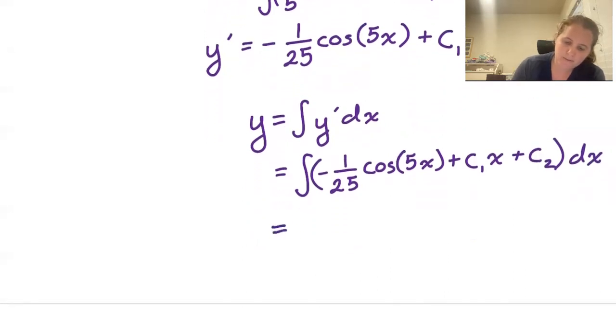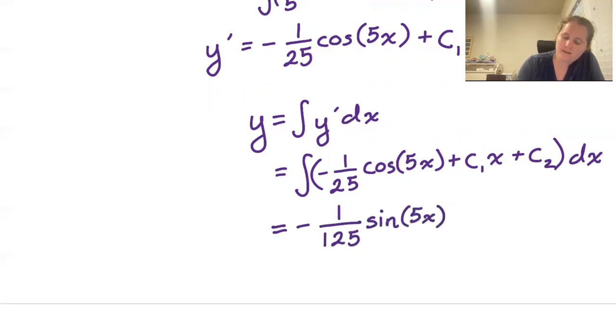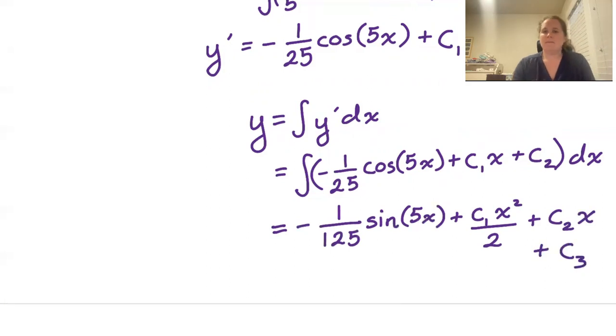So this becomes integral of cosine is sine. So we will again have our dividing by 5 from our u substitution. So we have negative 1/125 sine of 5x. Then we would have plus c1 x squared divided by 2 plus c2x. And here's our final constant plus c3.